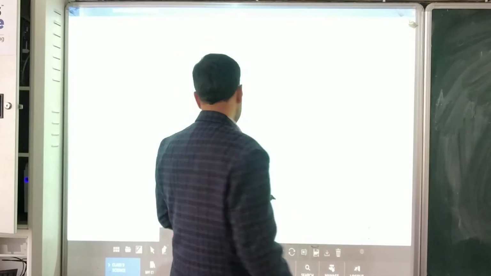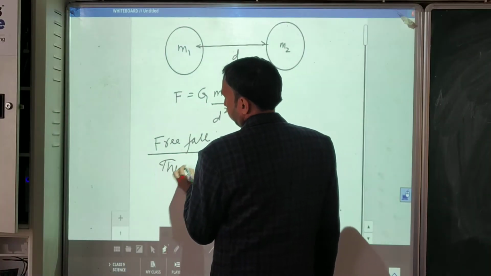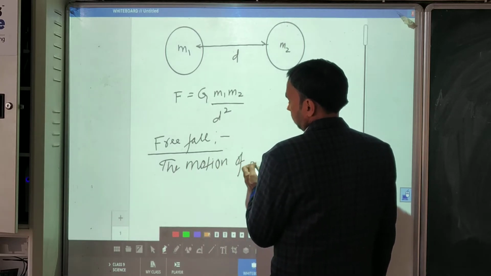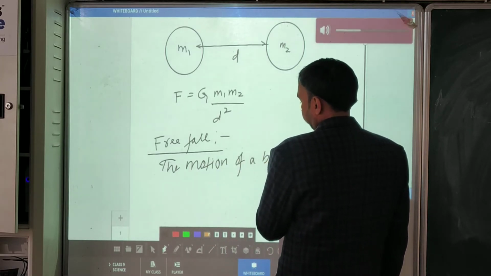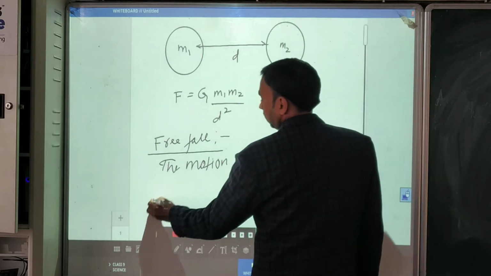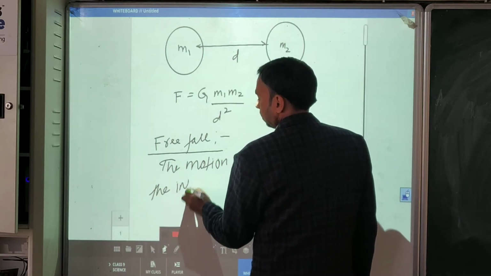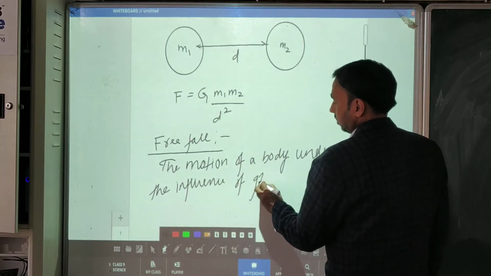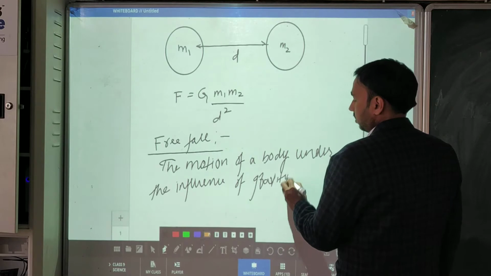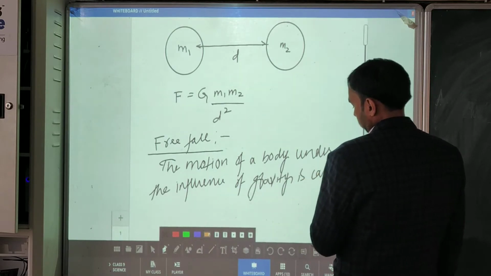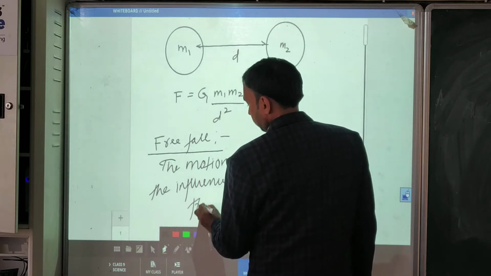So we can say the motion of a body under the influence of gravity is called free fall.